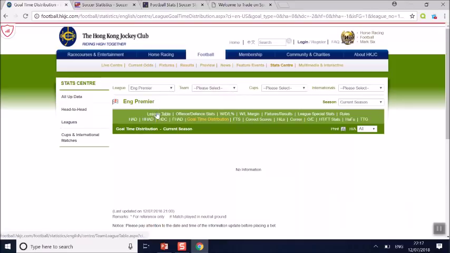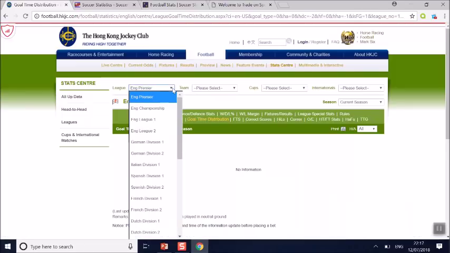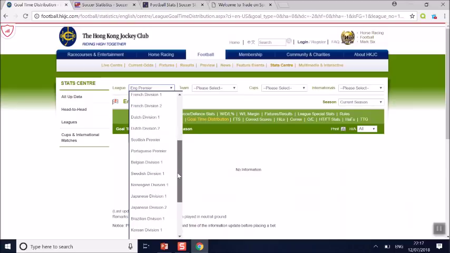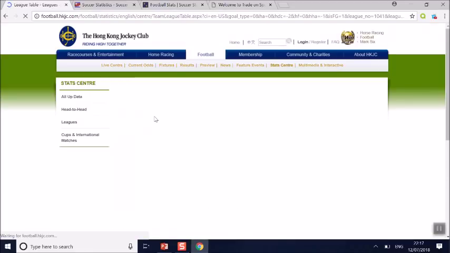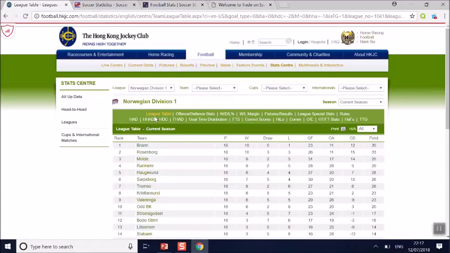Now, the English Premier League right now is not in existence because obviously the new season is about to start in August. So let me go to the Norwegian, because that's a league that's presently in flow.